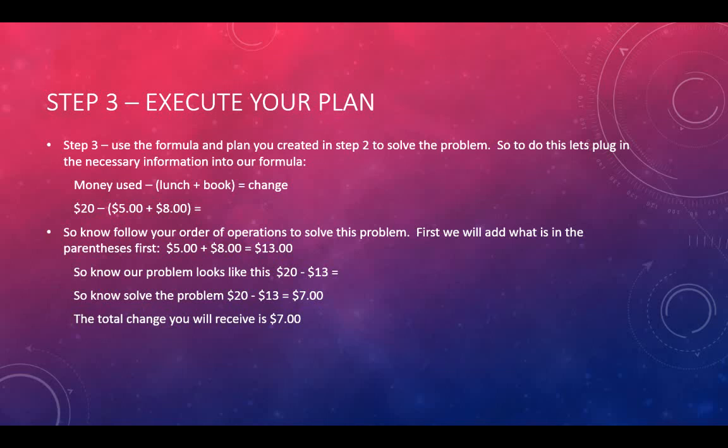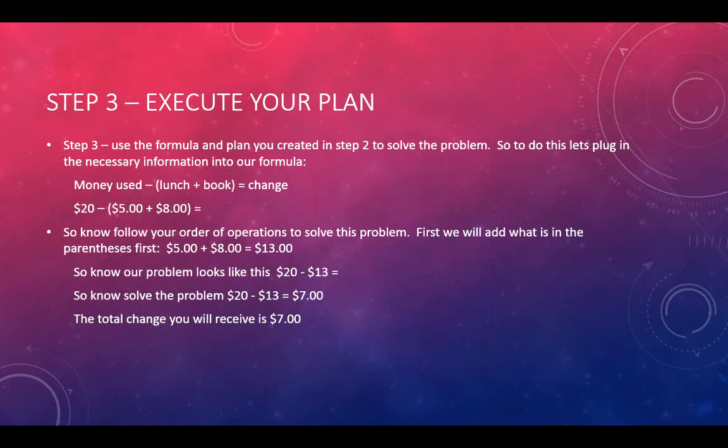We've completed what's inside the parentheses, and now we can just solve the problem. Now we have our $20 bill that we paid with. We have the total cost of what the lunch and the book cost. So now it's $20 minus $13 equals $7. So the total amount of change that you will get back is $7.